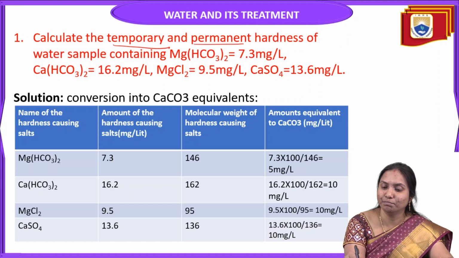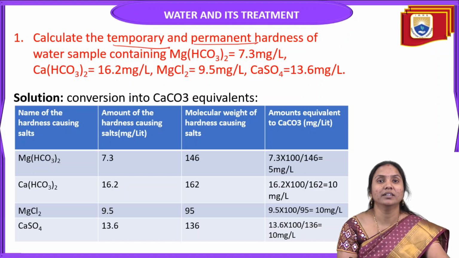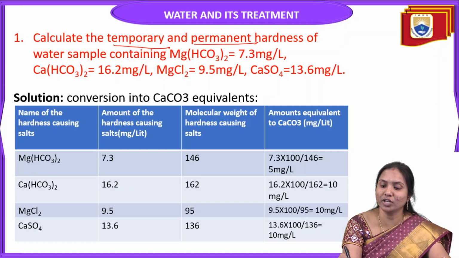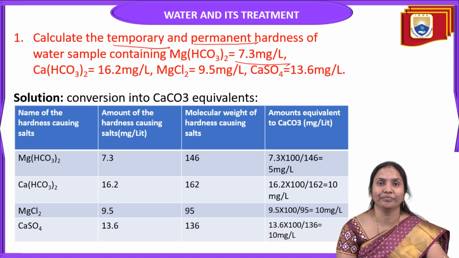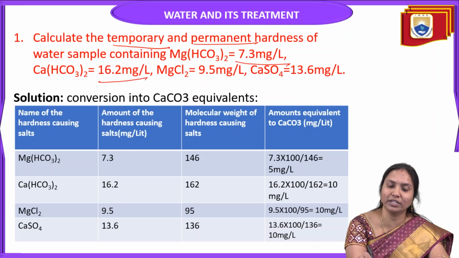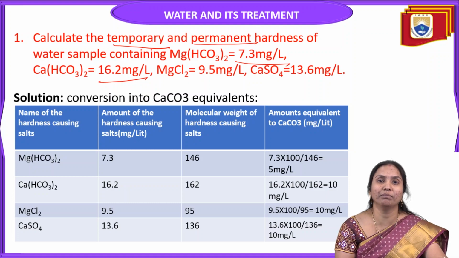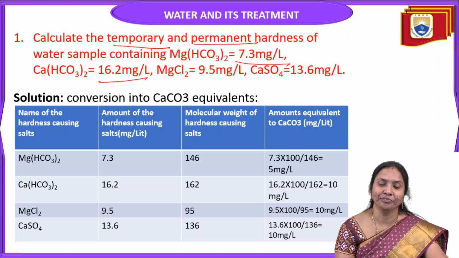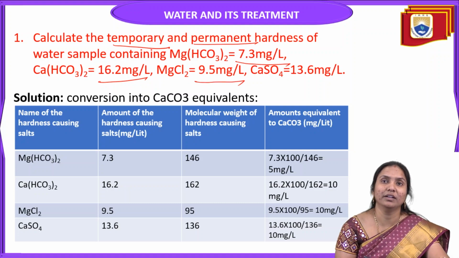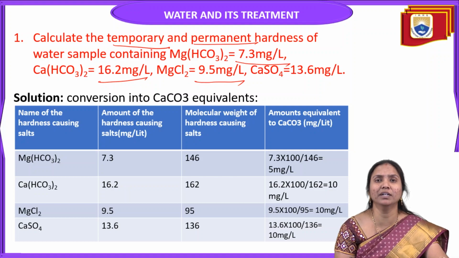Calculate the temporary and permanent hardness of a water sample containing magnesium bicarbonate 7.3 milligram per liter, calcium bicarbonate 16.2 milligram per liter, magnesium chloride 9.5 milligram per liter, and calcium sulfate 13.6 milligram per liter.